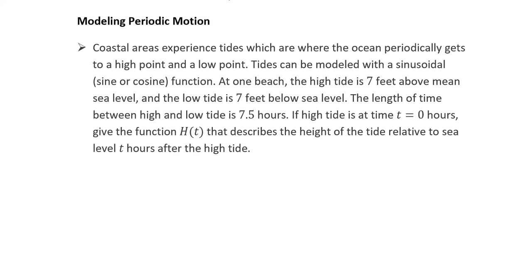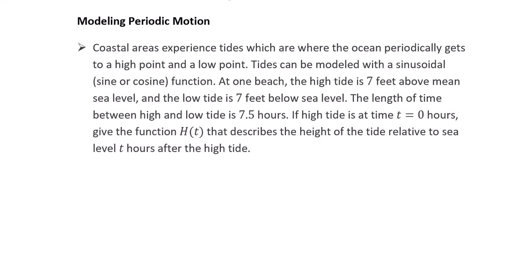The length of time between high and low tide is 7.5 hours. If high tide is at time t equals 0 hours, give the function h of t that describes the height of the tide relative to sea level t hours after high tide.